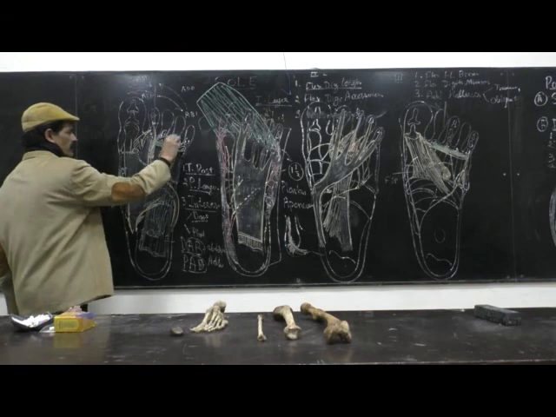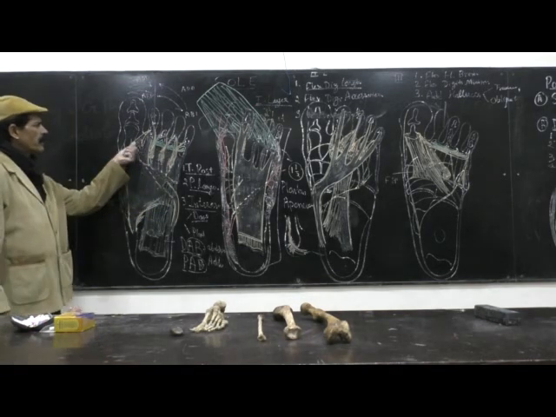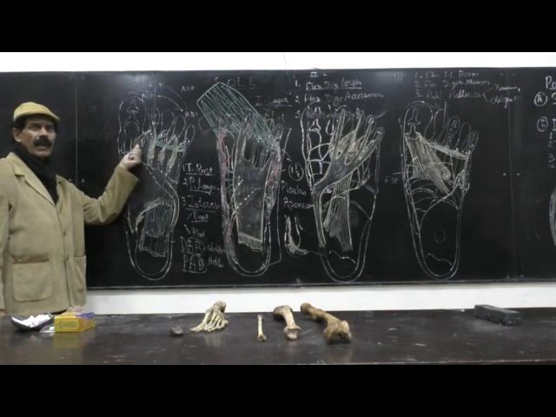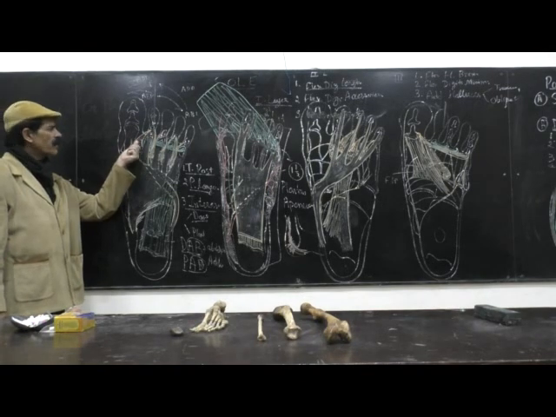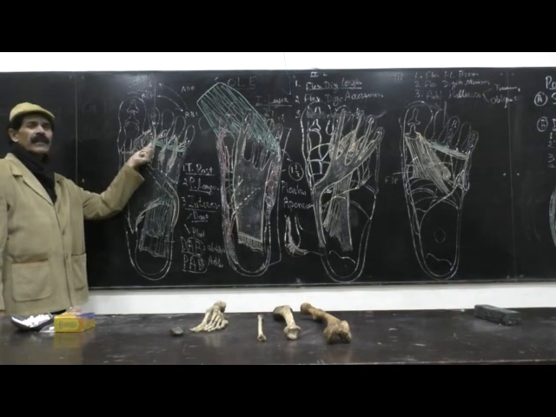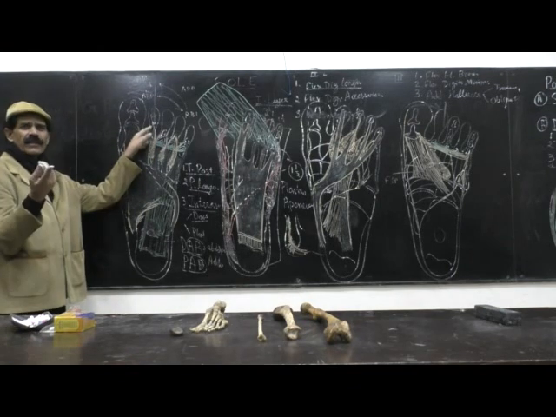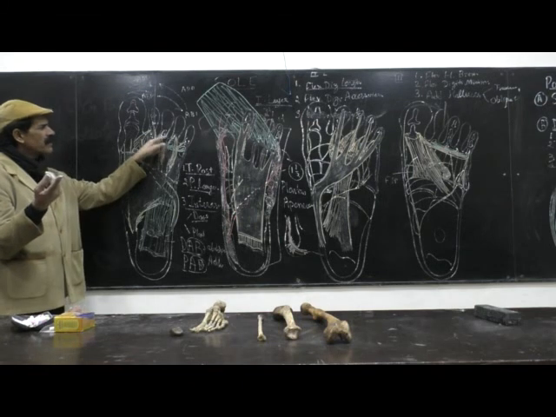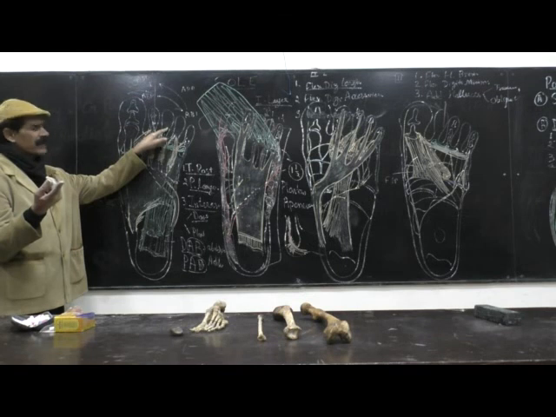So 1, 2, 3 and 4, they are the dorsal interossei. Their name is DAB, meaning they bring about abduction. See, the first finger has insertion medially as well as laterally. So when both act, the finger remains stationary. And the third is inserted over the lateral aspect, so it brings about the abduction of the middle finger.